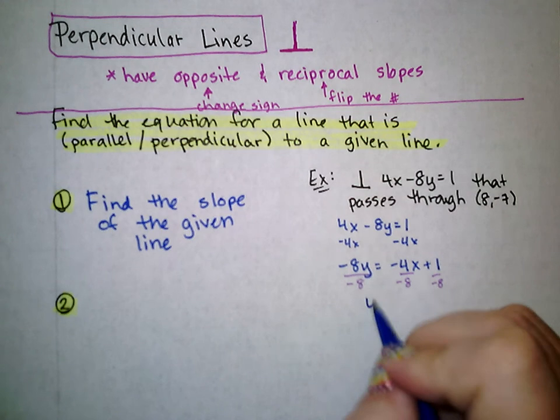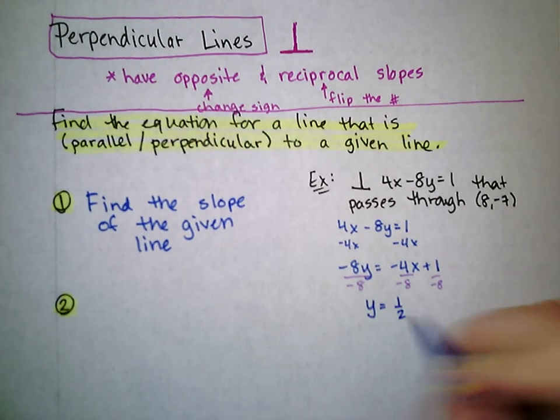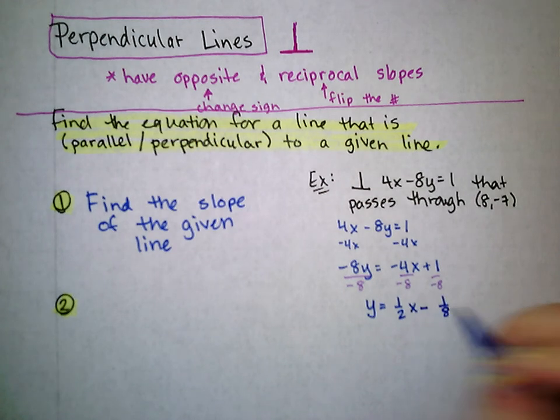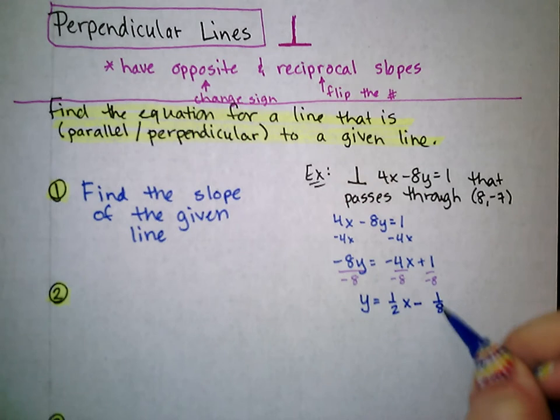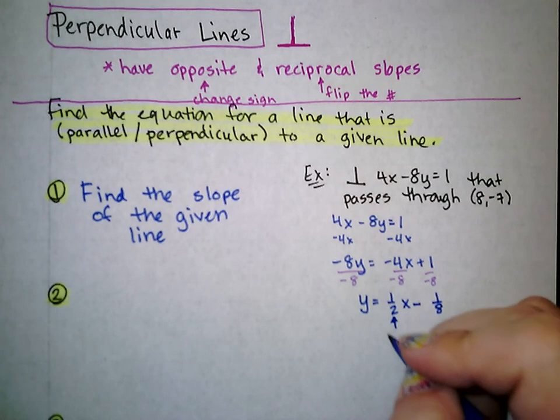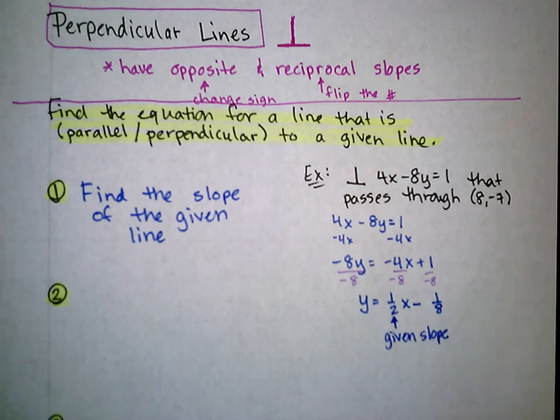So that's going to leave me with y equals negative 4 over negative 8 would be 1/2 x, and then minus 1/8. So my y-intercept is 0, negative 1/8. Here is the slope of the given line. So this is the slope they gave me.